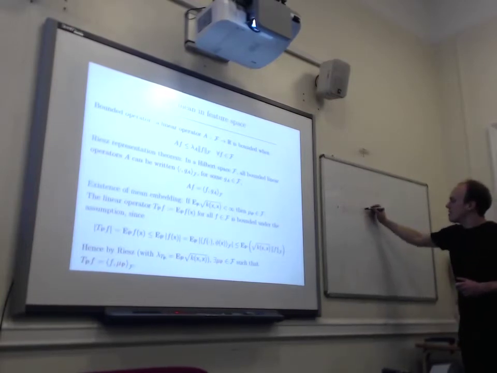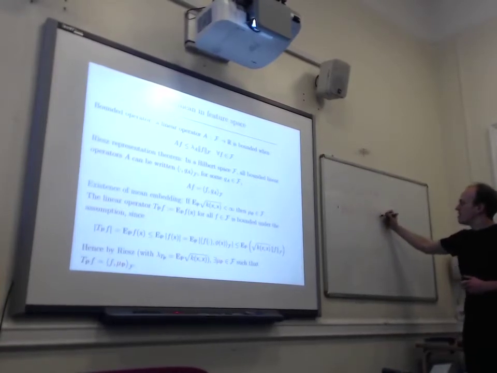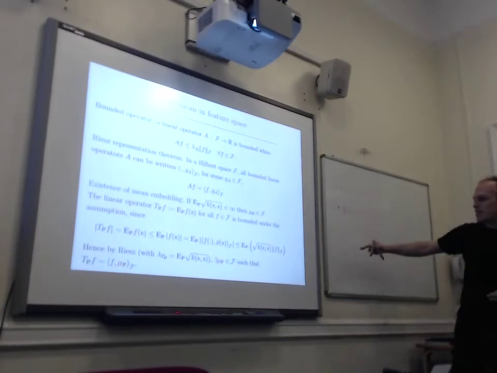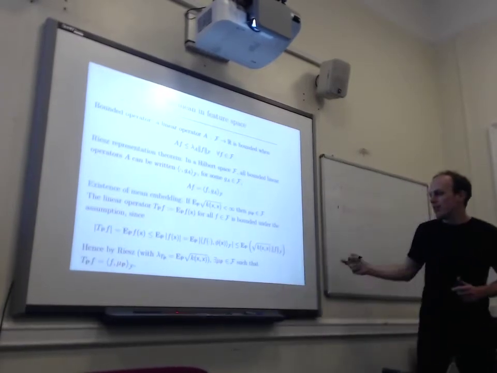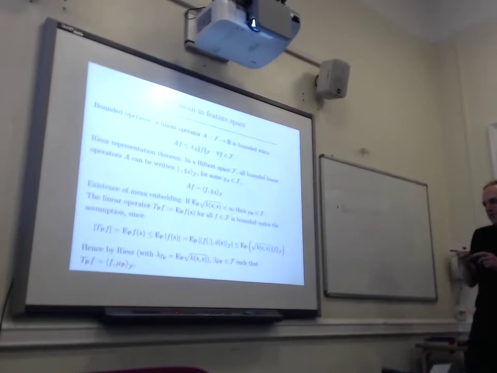It's the square root of the inner product of phi x and itself, right? And the inner product of phi of x and itself is just the kernel between x and itself. Okay, so this is why we're getting the square root of the kernel here, and then this norm of f is just, yeah, the norm of f.